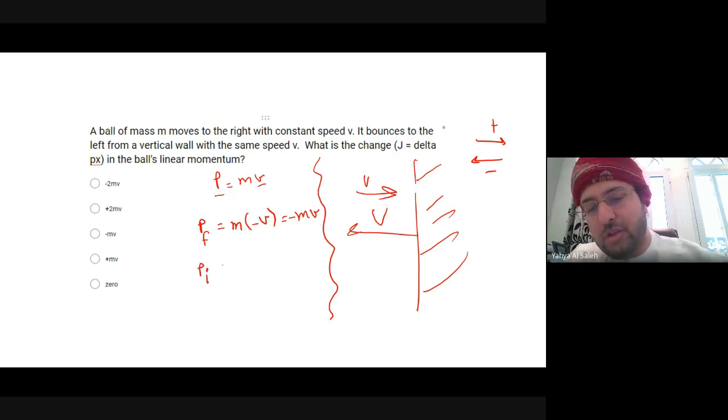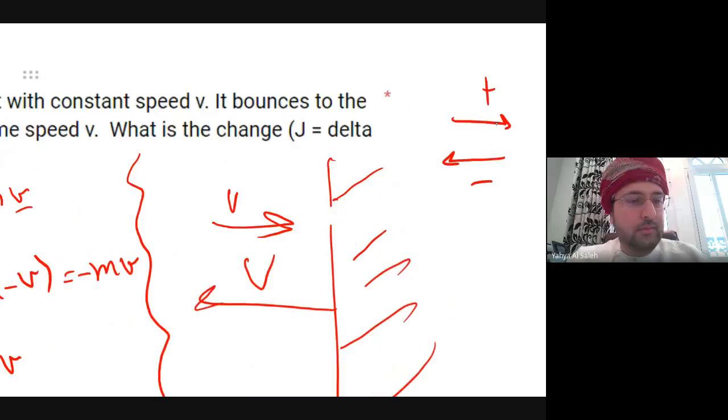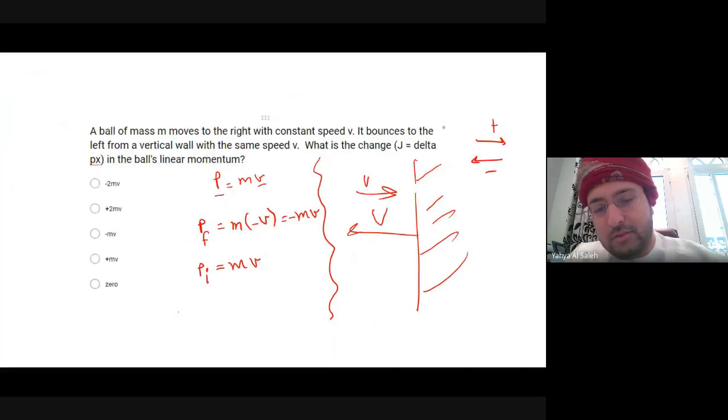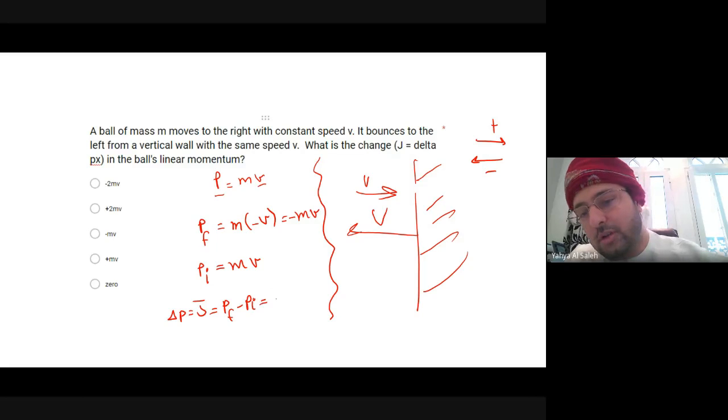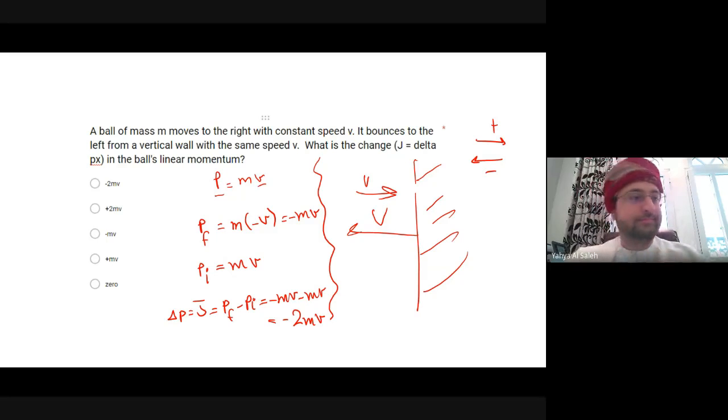What is my P initial? mv. So delta P, or J, is equal to P final minus P initial, minus mv minus mv, which is equal to minus 2 mv.